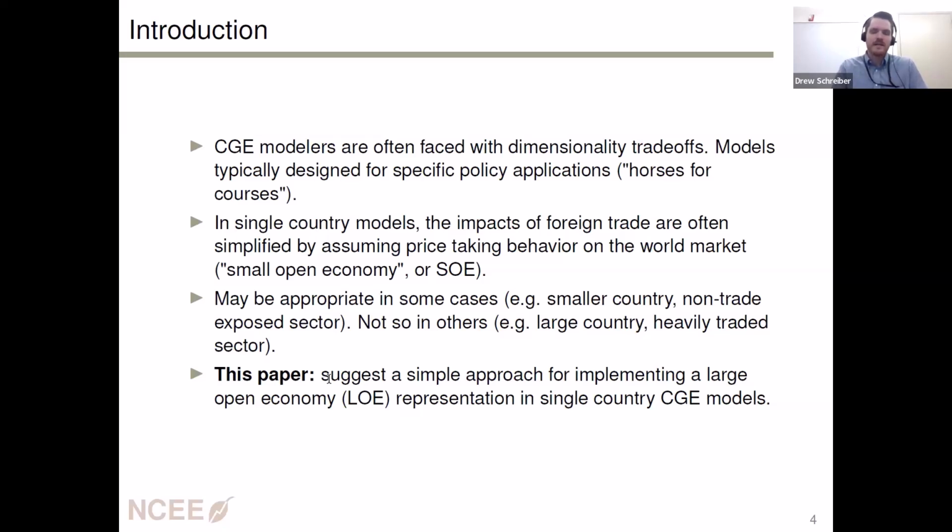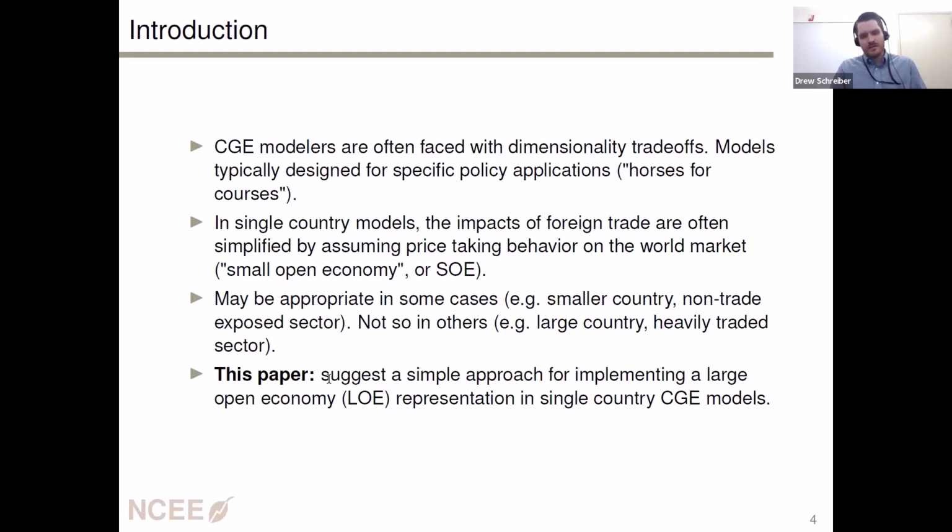We may think about trying to represent elements of that CGE model in more detail that specifically relate to a particular policy, and maybe some of the tangential details in the model will be left as more aggregate and less highly resolved. And so what ends up happening is that models are typically designed for a specific policy application.